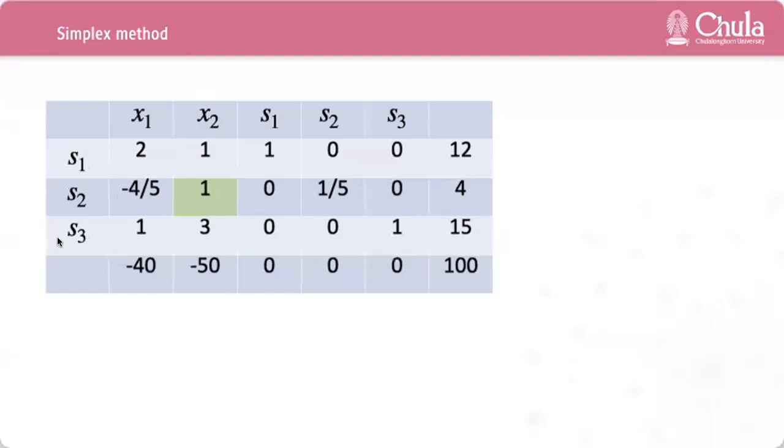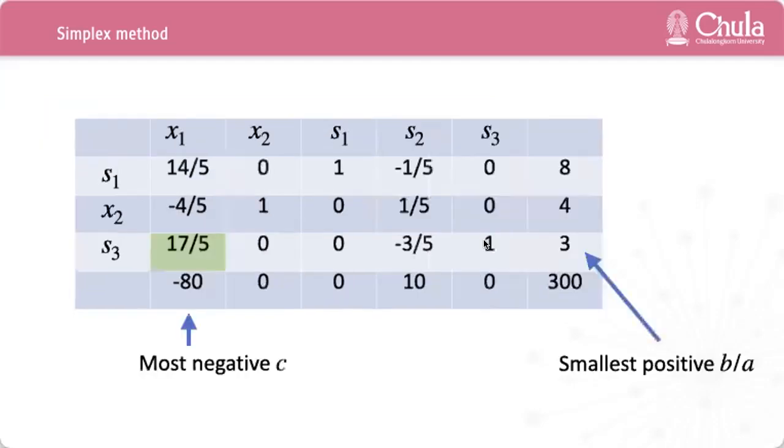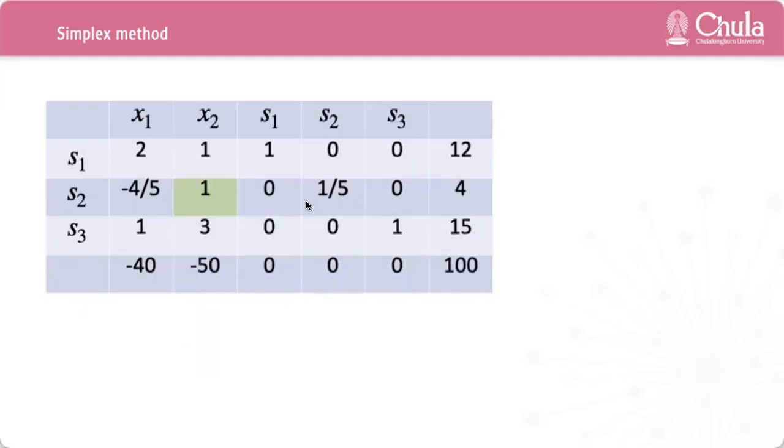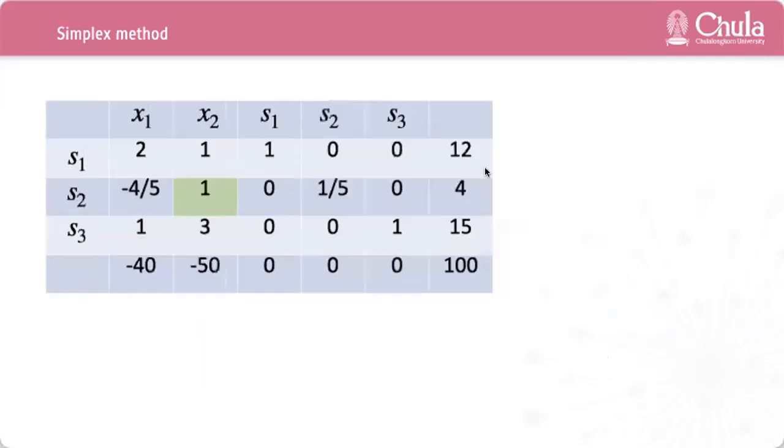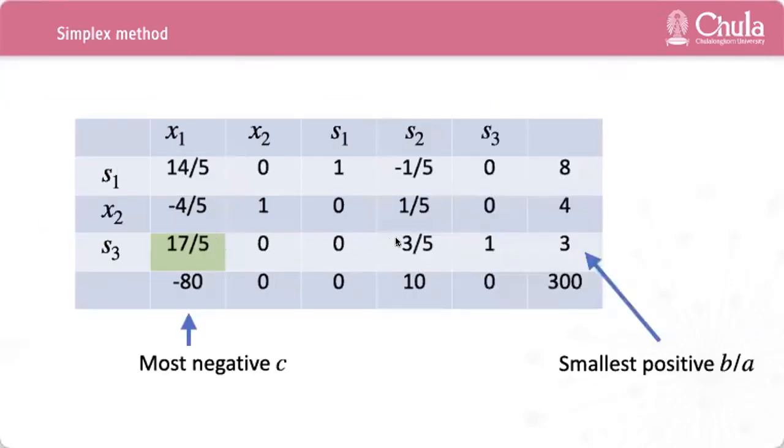And in order to make this element 0, we multiply this line by 3 and then subtract it from this line. So we subtract this line by this line first, and then we obtain this. And we multiply this line by 3 and then subtract it from this line. We obtain this line. We obtain this matrix.